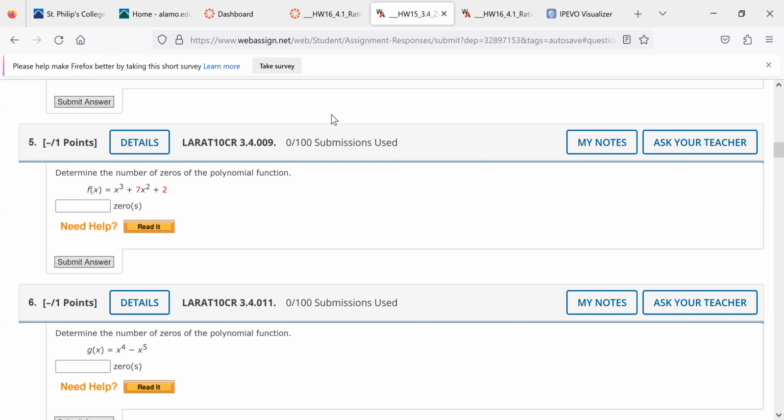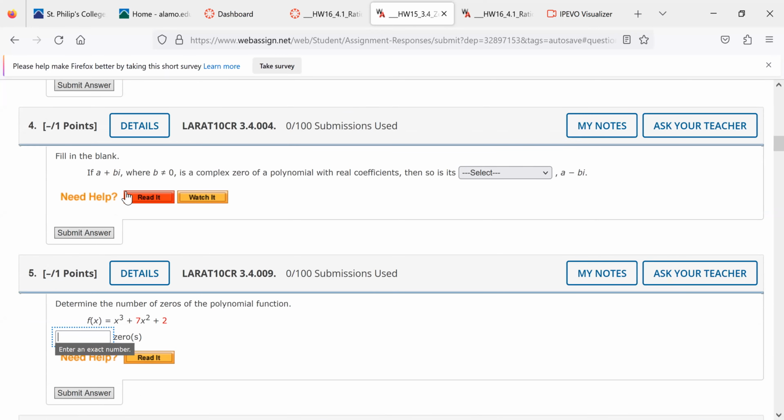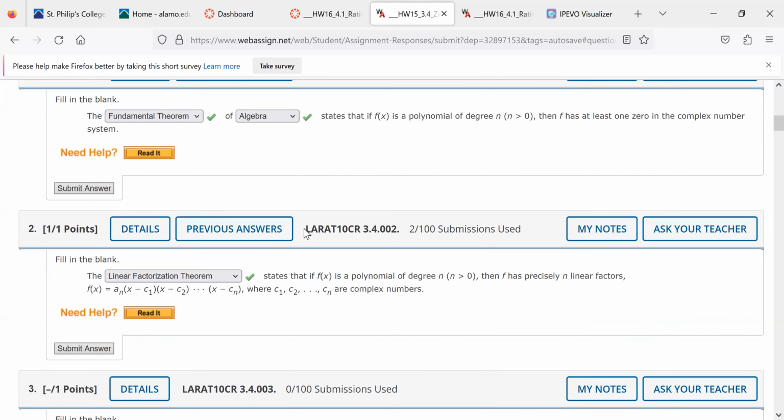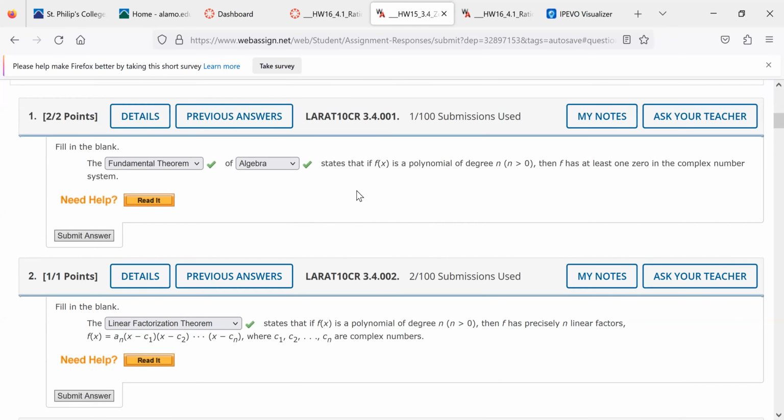All right, before we go any further, for number 5, at most we could have 3, right? Because we have a cubic. So over here we said fundamental theorem.